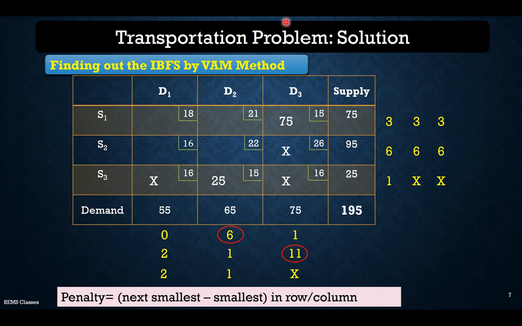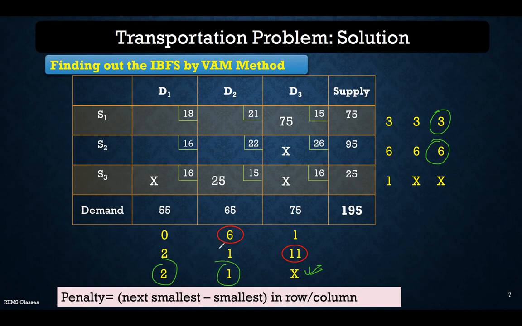The penalty for this particular row is 3, as in the earlier one, and 6, like the earlier one: 22 minus 16 is 6. But in this case, this column is crossed. So for these two columns, we have 2: 18 minus 16 is 2, and for this, 22 minus 21 is 1.